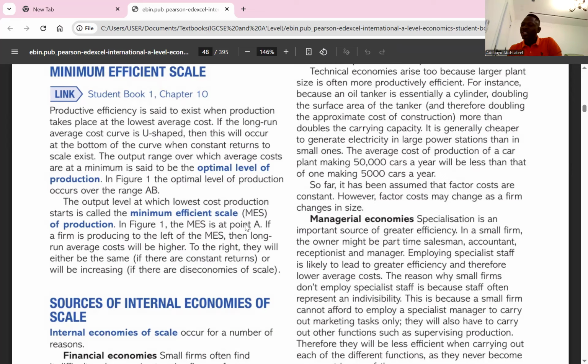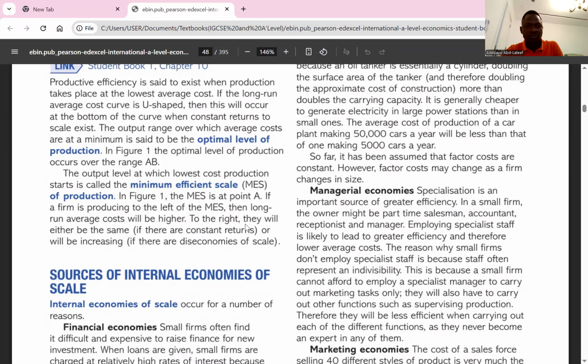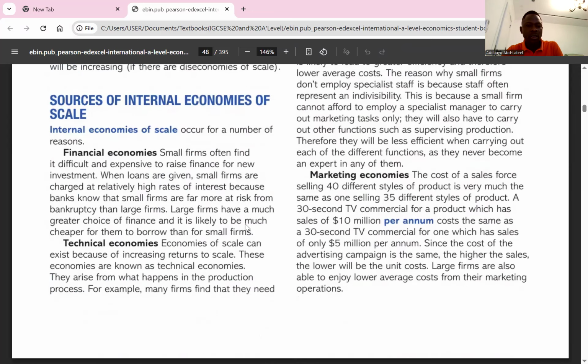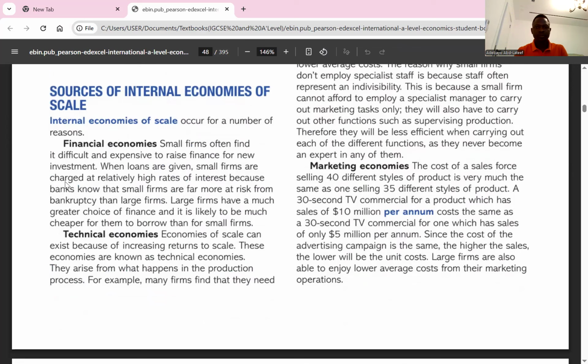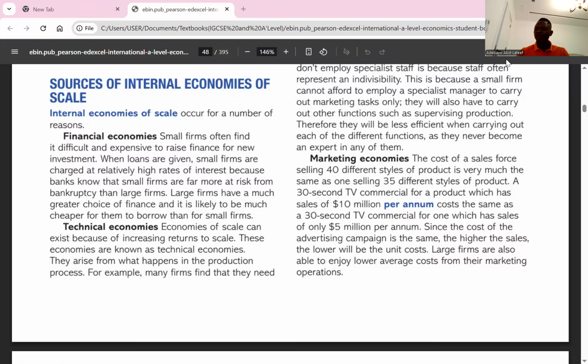So we'll go to sources of internal economies of scale. And when we talk about internal economies of scale, we're talking about a cost advantage that a firm is able to experience based on the fact that it has expanded within its own capacity.